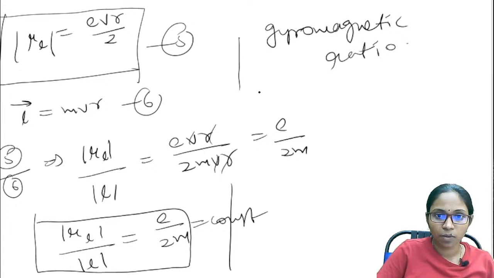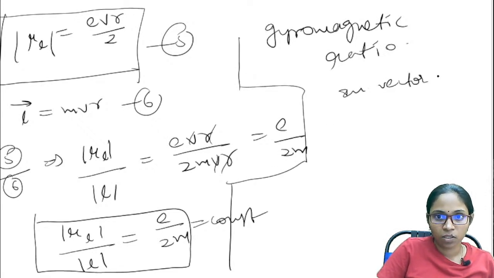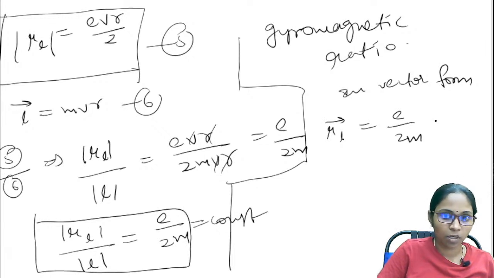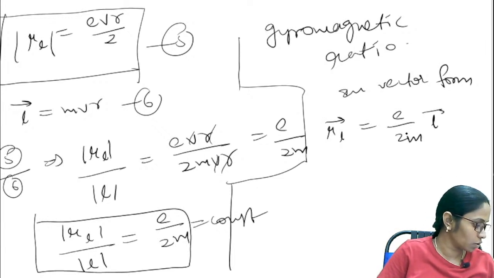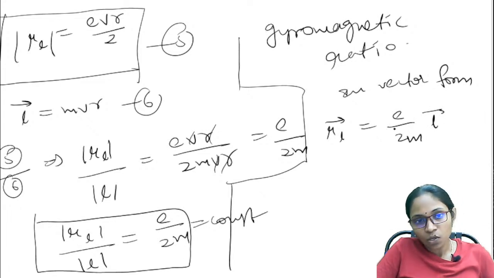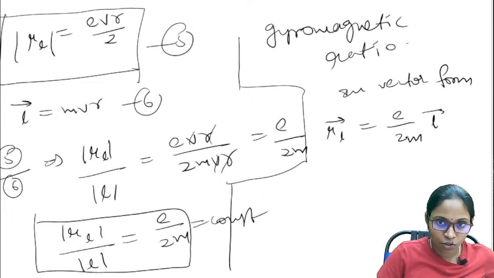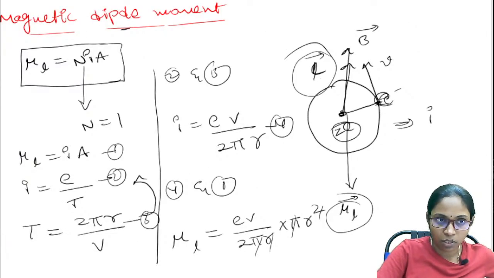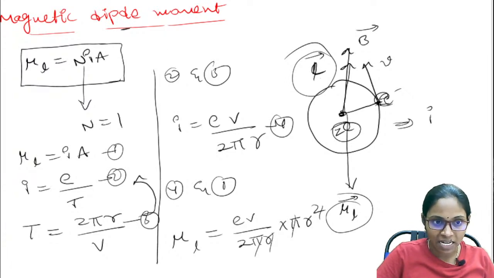And in vector form, I can write this equation as mu L vector equals E by 2m into L vector. Here I am considering the direction of L and mu L. See, if you look at this diagram, L and mu L are anti-parallel to each other.